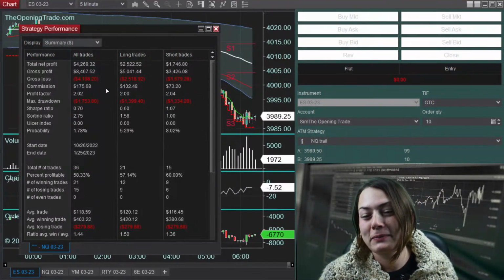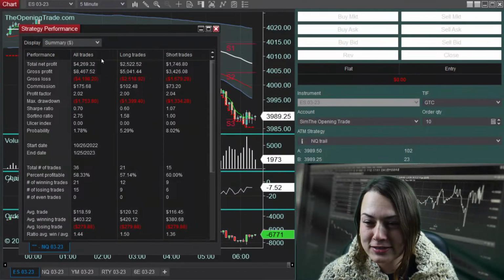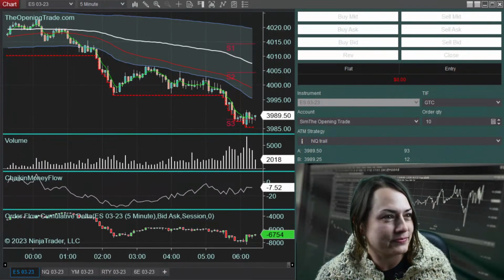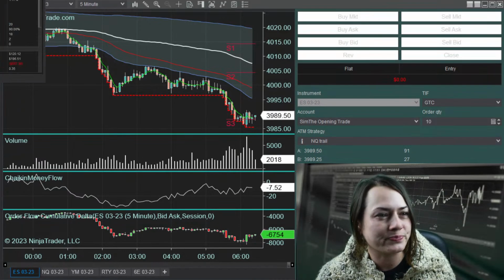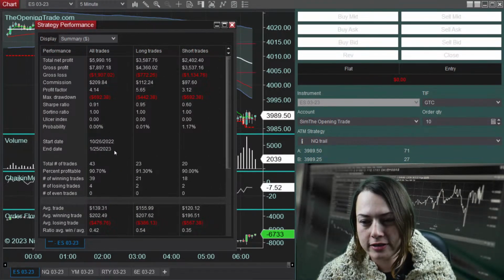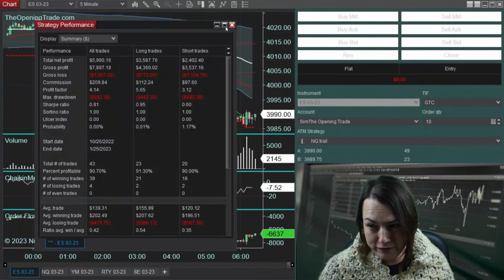Alright, so max drawdown, gross loss, gross profit, total net profit there. Then we have the S&P 500, start and end, max drawdown, gross loss, gross profit, total net profit.